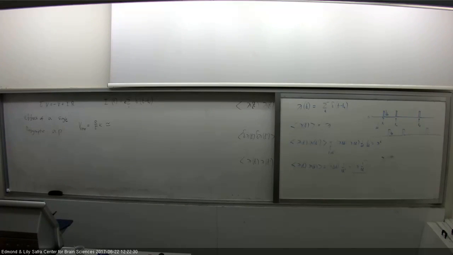Because the units of the input, if it's just a sum of delta functions, are 1 over time, and we're interested in units of current. The reason we got the units wrong is that we didn't take into account the prefactor that, as Lior said, incorporates the width of the activation of the synapse.